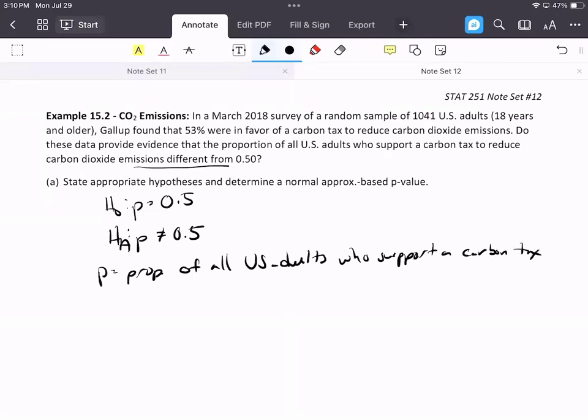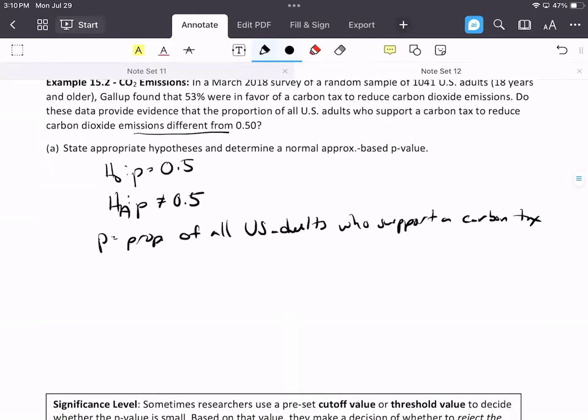This value is unknown. So we're going to see if there's evidence based on our sample that supports our alternate hypothesis that it is different than 0.5.